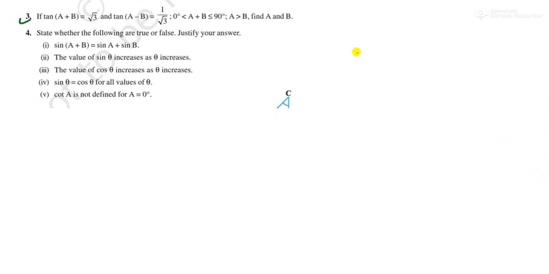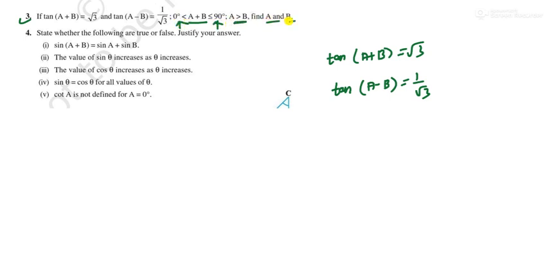Next, if tan a plus b, okay, is equal to root 3. This is a very important question. And tan a minus b equals 1 by root 3. Okay, where a plus b lies between 0 and 90 degree. Fine. Okay, and a is greater than b. Find a and b.